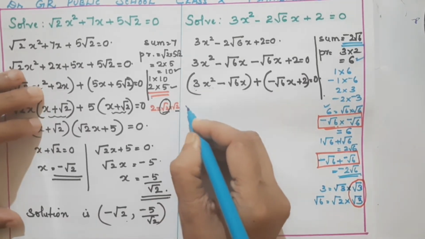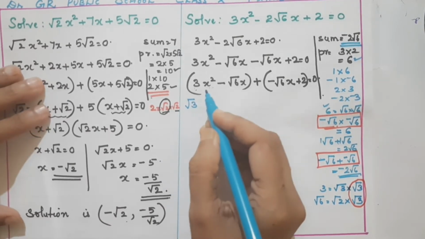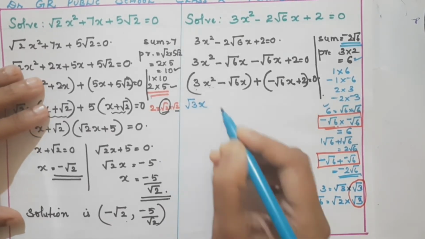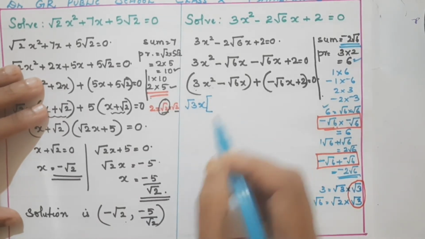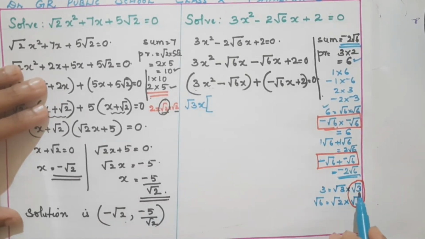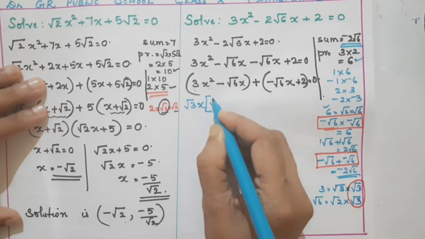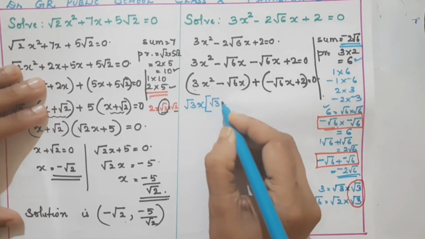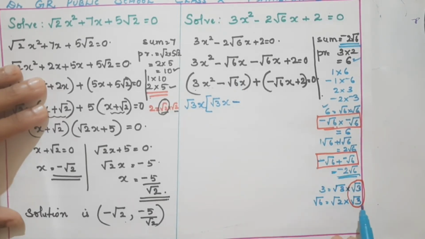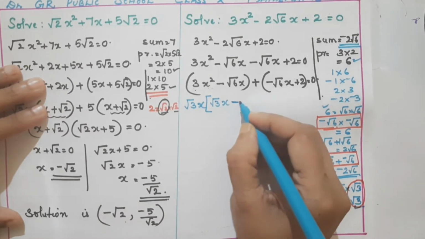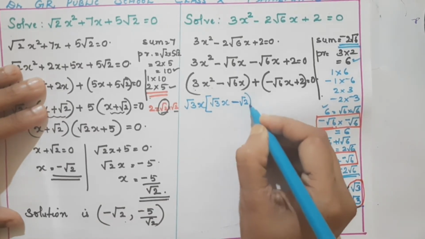So we can take root 3 common, then x is also common. Okay, what is remaining? 3 means root 3 into root 3. 1 root 3 we have taken. So what is remaining? Root 3 is remaining. Then x minus, from root 6 we have taken root 3. What is remaining? Root 2 is remaining.